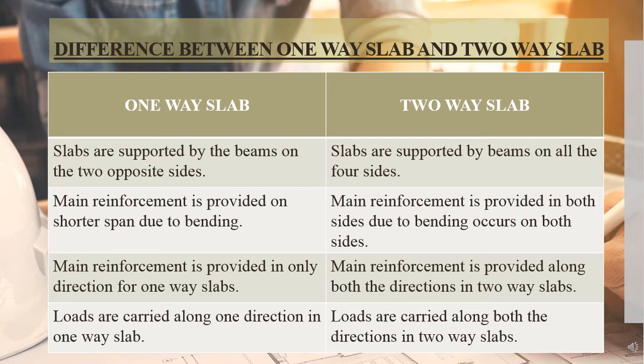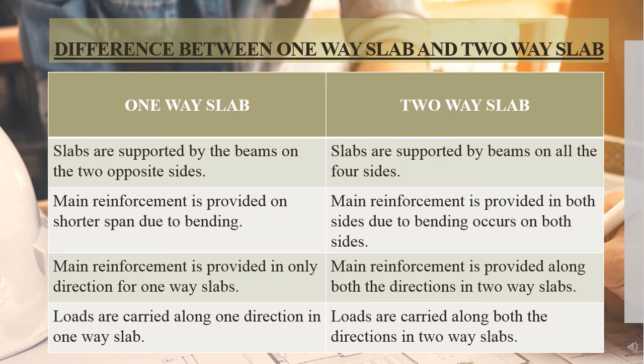Difference between one-way slab and two-way slab. One-way slab. Firstly, slabs are supported by the beams on the two opposite sides. Two-way slab. Slabs are supported by beams on all the four sides.